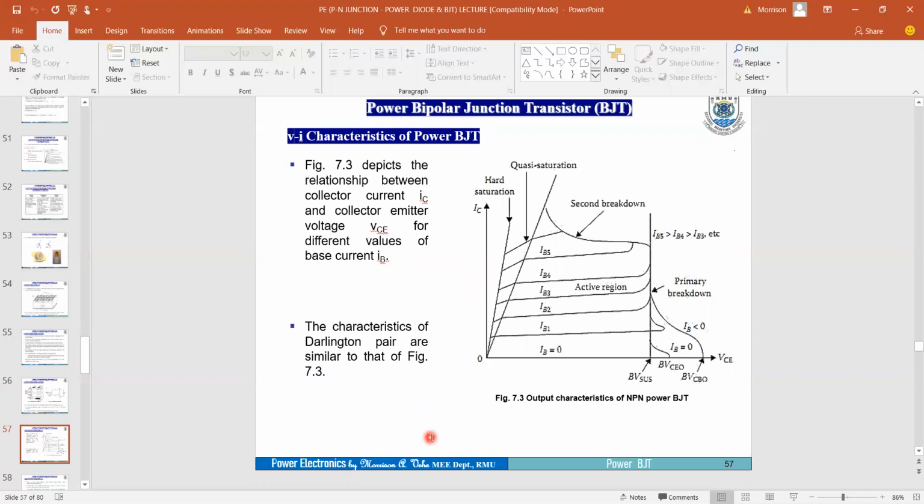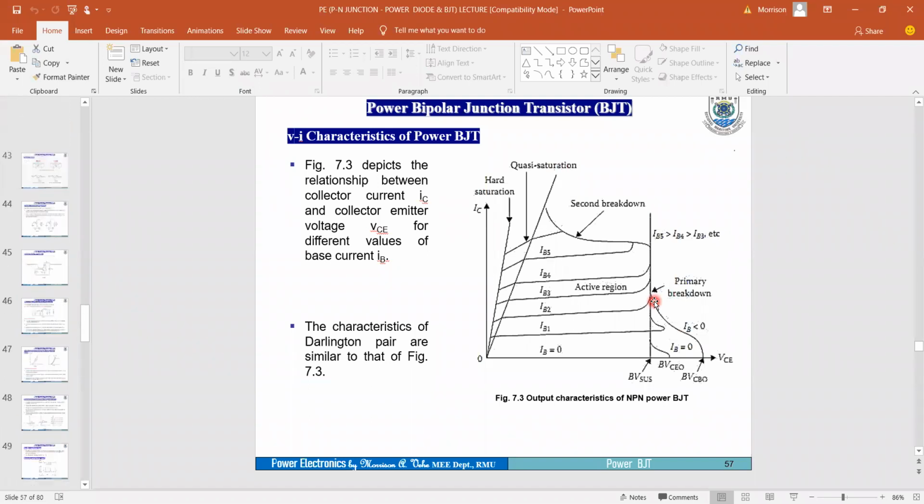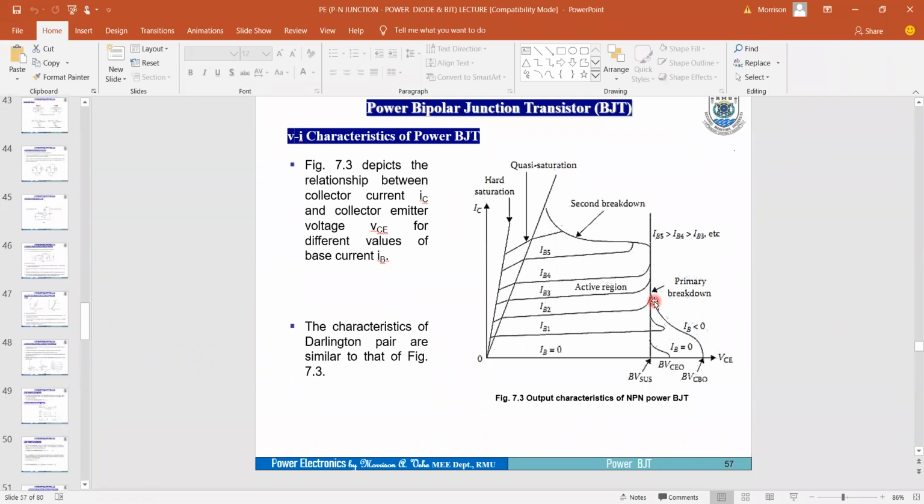The characteristic curve is a bit different from the characteristic curve of an ordinary BJT.